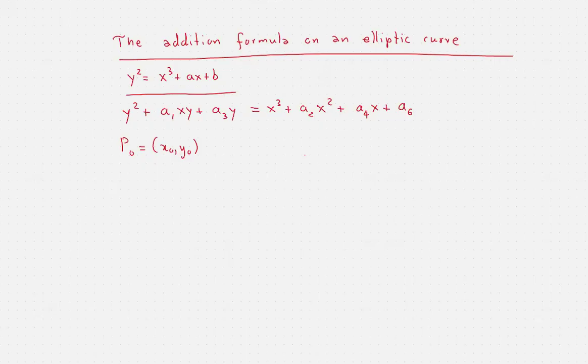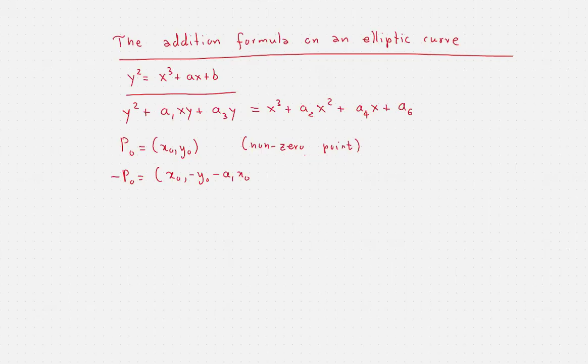So this is a non-zero point. And we would like to give the formula for its opposite. The formula for the opposite is simply x0, comma, minus y0 minus a1 x0 minus a3.